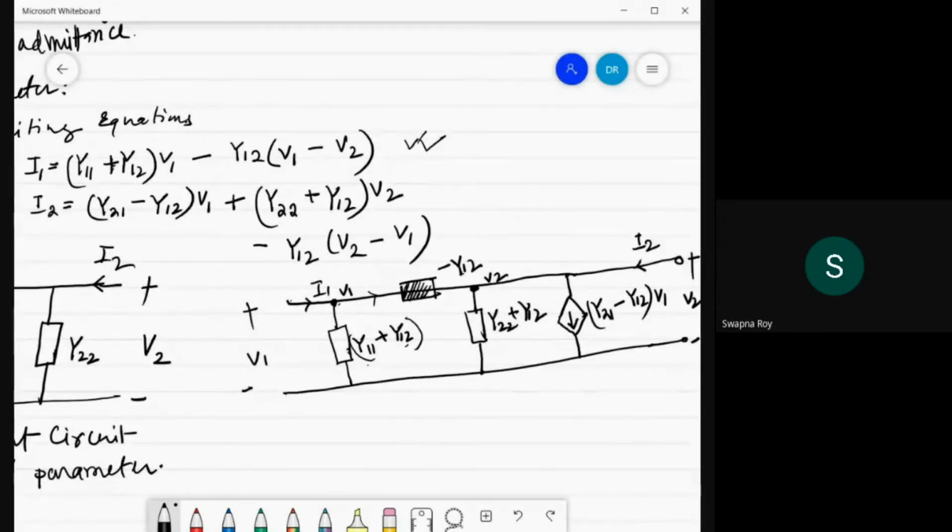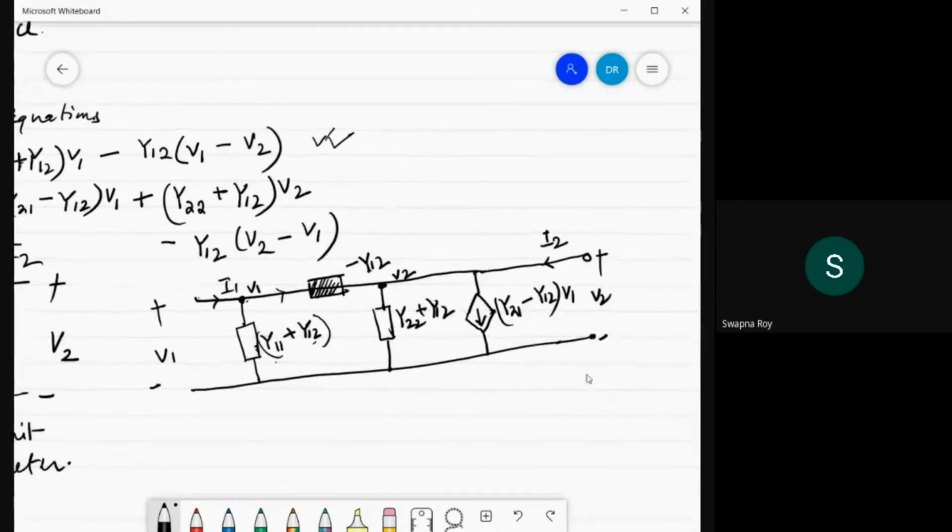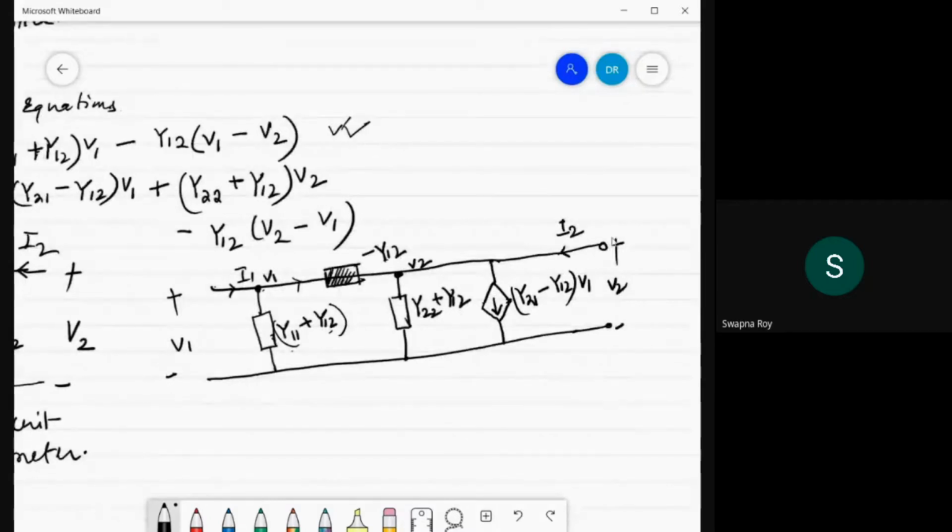Now the output port current is equal to, some current will flow through this path. So this is Y21 minus Y12 into V1, plus the current through this path, meaning Y22 plus Y12 into V2.